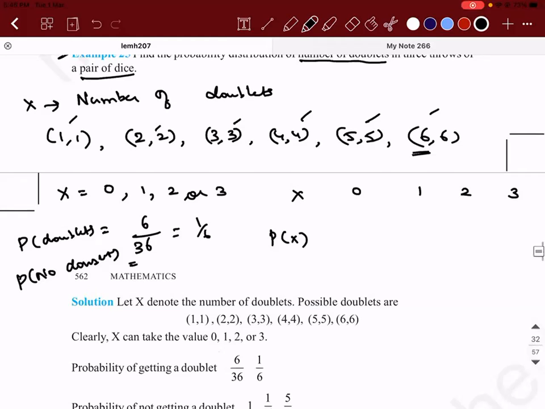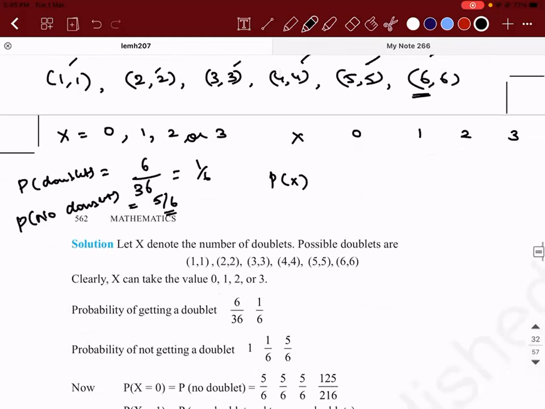So no doublet is 5 by 6. So what will be the answer for P of X equal to 0? First time no doublet, second time no doublet, third time no doublet.